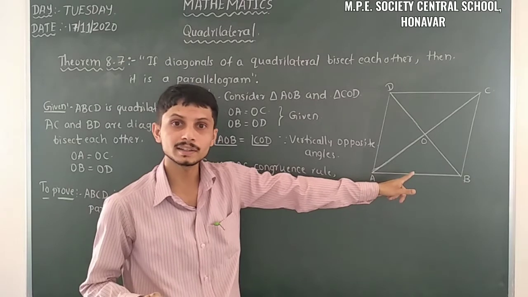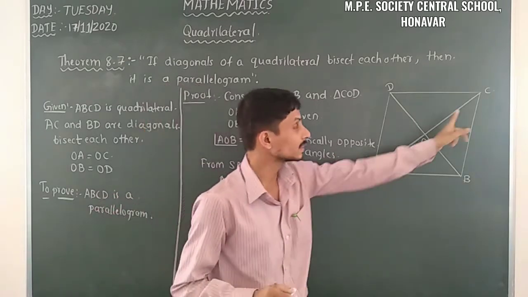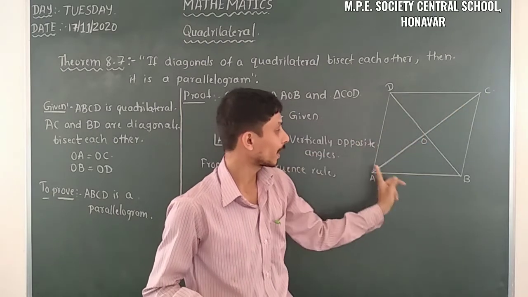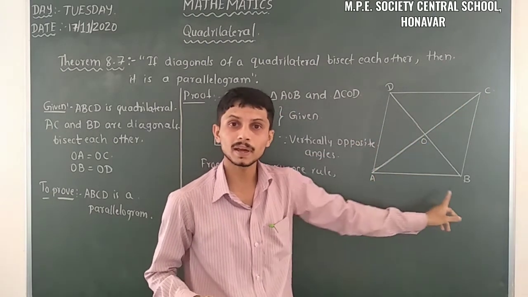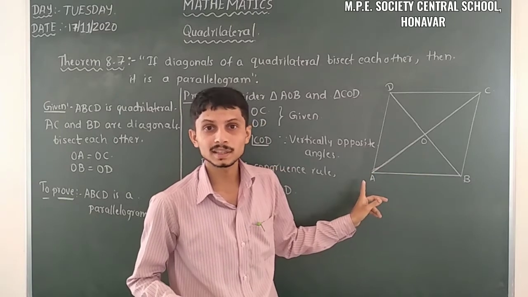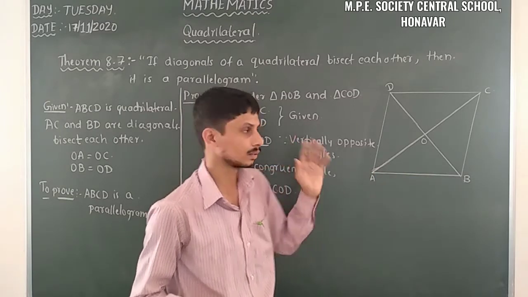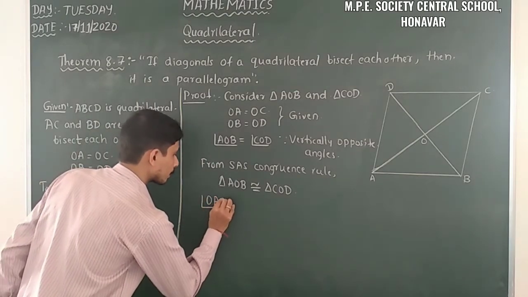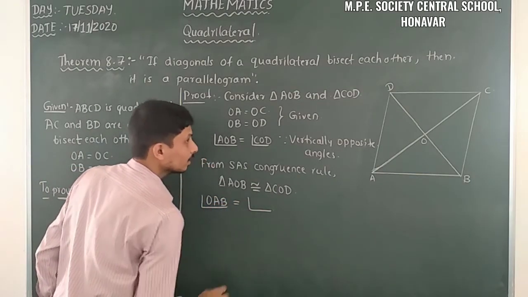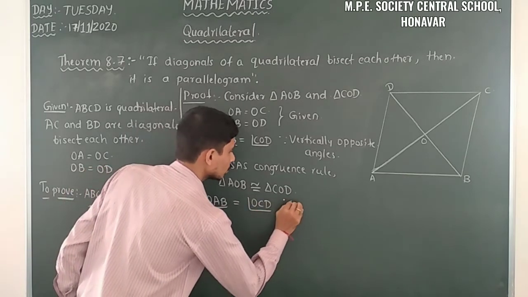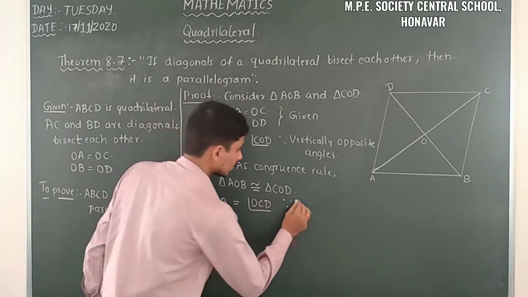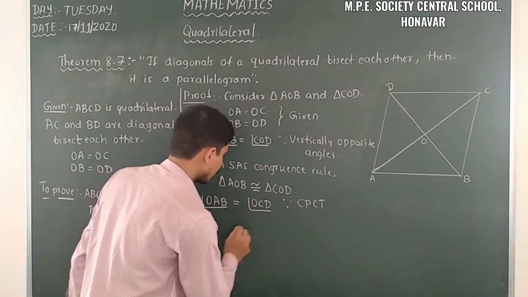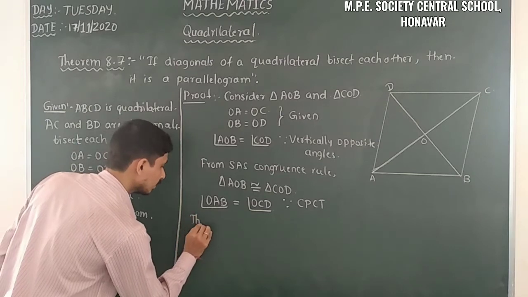When we take the alternate interior angles, AC is a transversal and then CD is parallel to AB. So then we have a pair of opposite sides parallel and equal. That is angle OAB is equal to angle OCD, by CPCT.